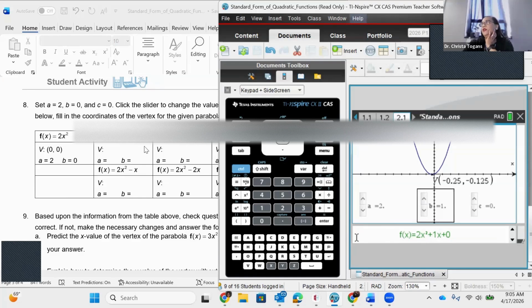They should have done that, but they didn't. So what's the vertex? Write the vertex down and then write down what A is and what B is. A is 2, B is 1. And then you're going to just hit the subtraction. So you're just going to subtract 1 for this one.